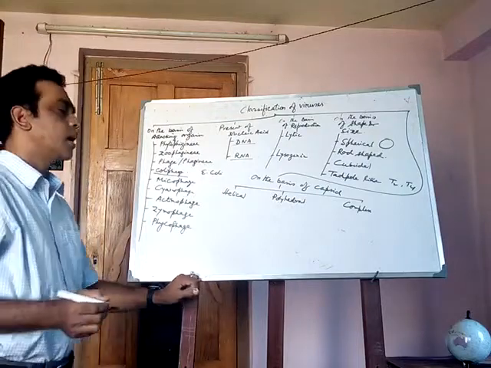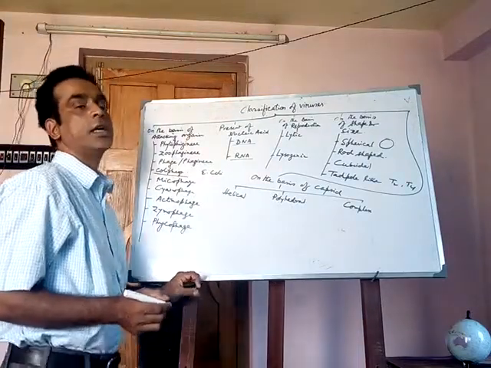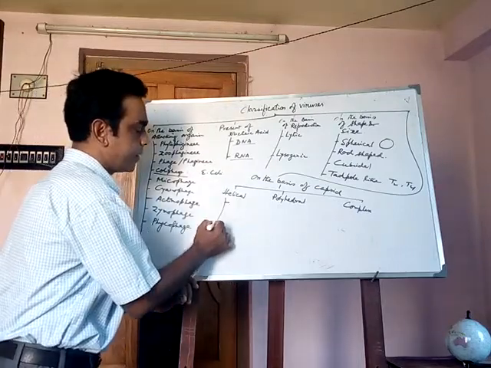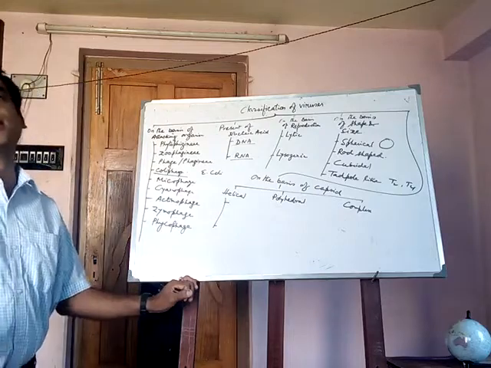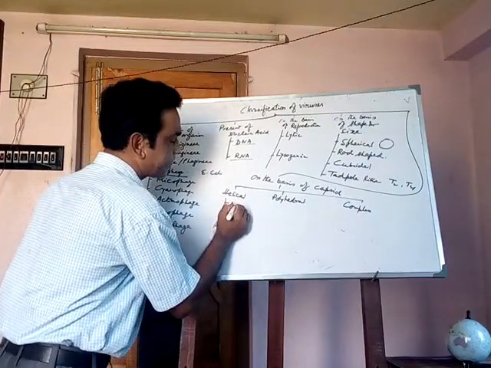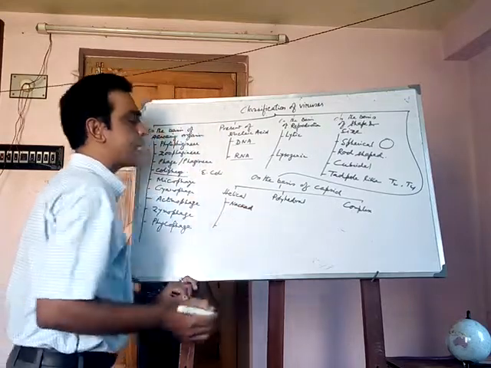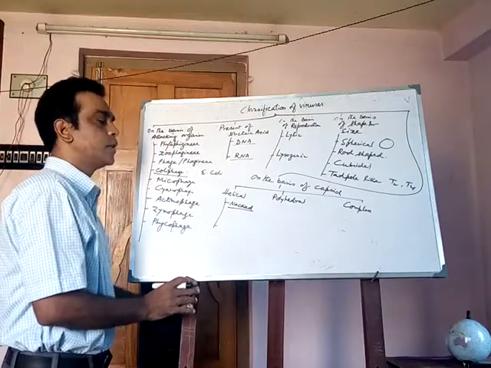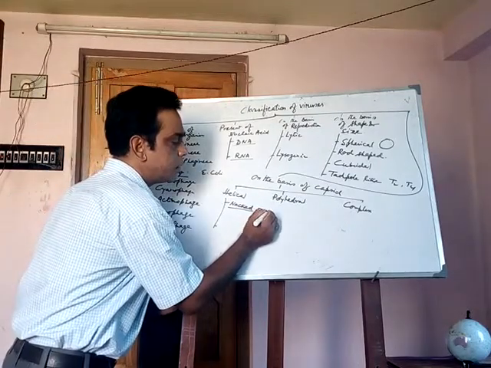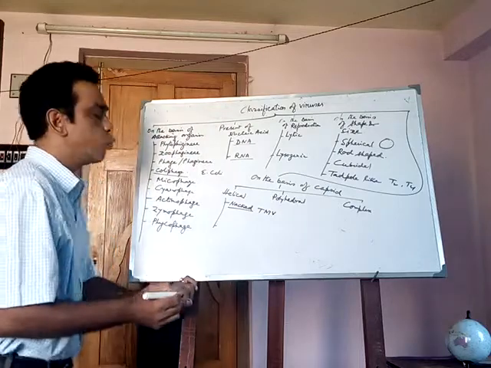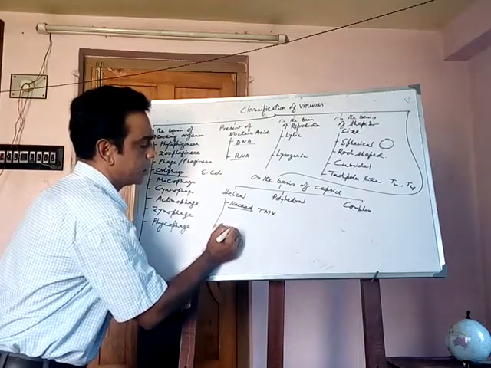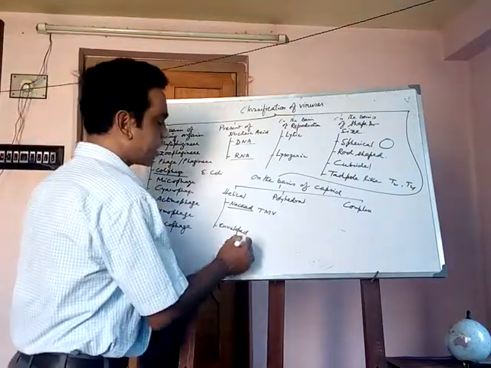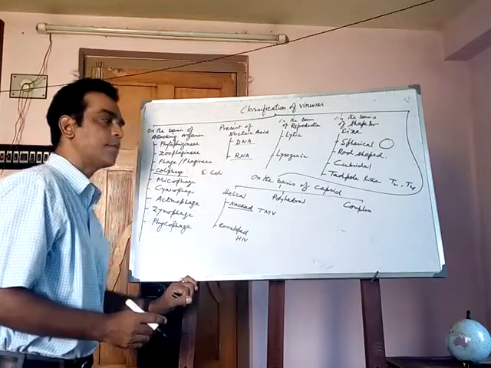Helical capsids have two separate divisions: naked helical and enveloped helical. The naked type of helical capsid is found in TMV, and the enveloped type, the lipovirus, is found in HIV.